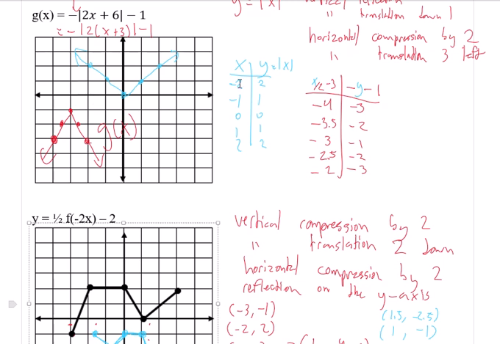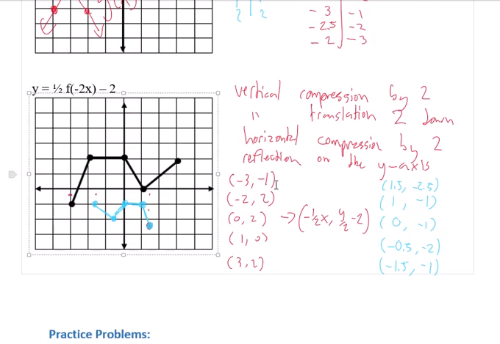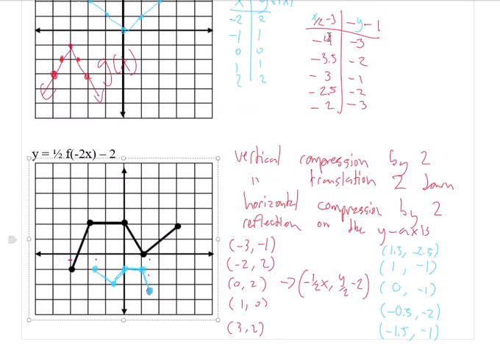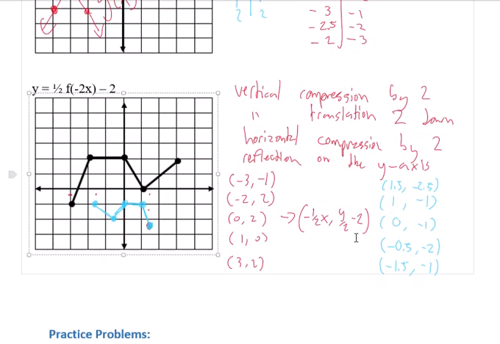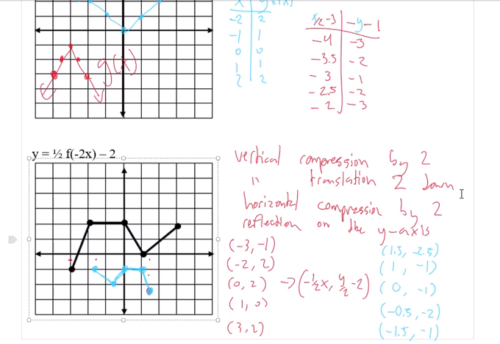My recommendation is make a table of values and then apply the transformations to the old points, or you can do a series of coordinates like this and create new transformed coordinates using these formulas, which is basically using the table of values method. It's just kind of written in a different way. So all of these work, whichever one you prefer, they'll all give you the transformed functions.